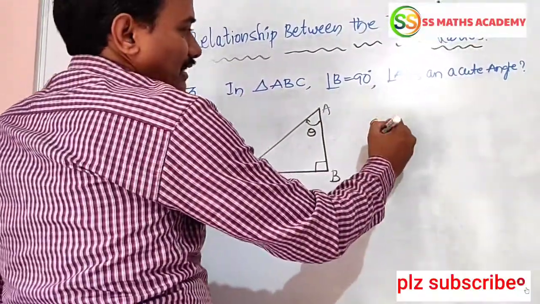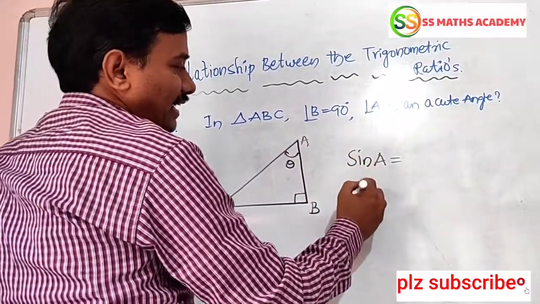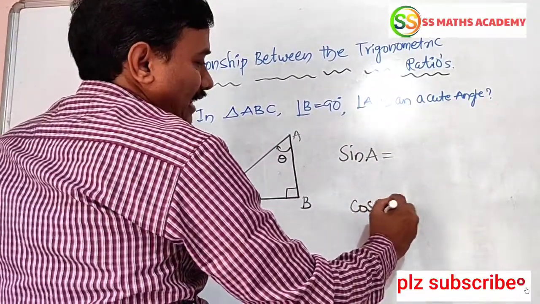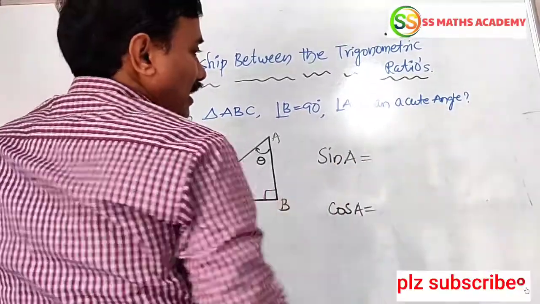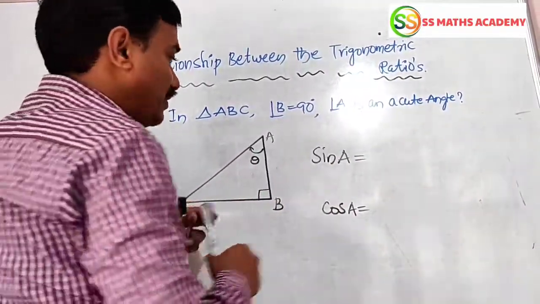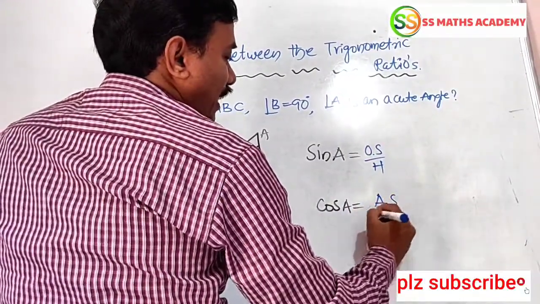In the place of theta, I am taking angle A: sin A and cos A. As you know very well, sin A is opposite side by hypotenuse, and cos A is adjacent side by hypotenuse.